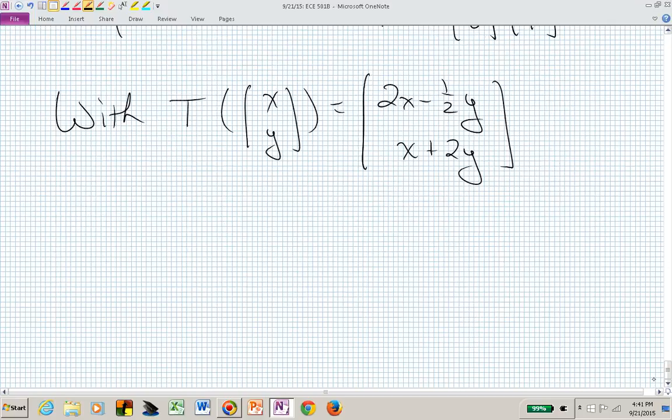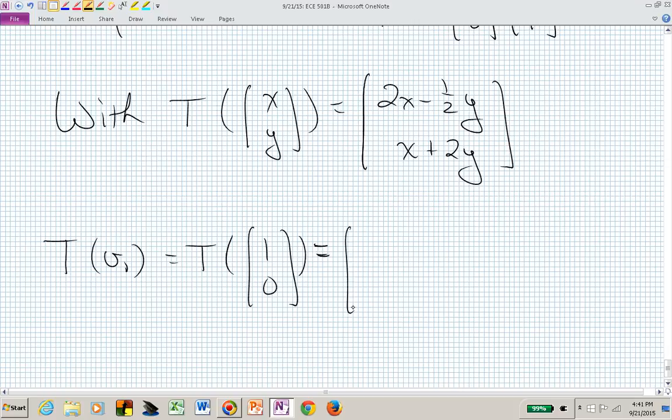With that linear map, we can now look at T of V1. That's T evaluated at 1, 0. If we simply plug in 1 for x and 0 for y, we end up with 2, 1.